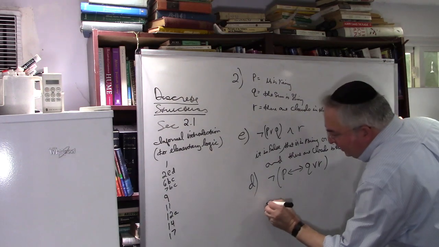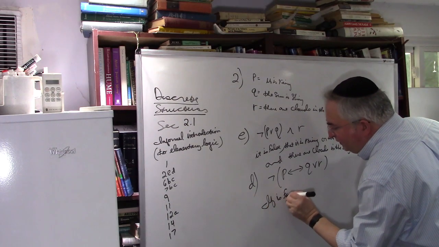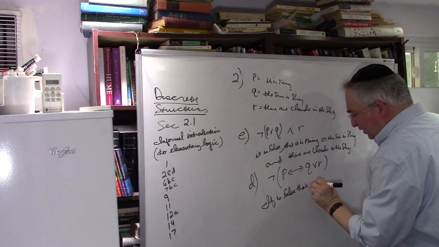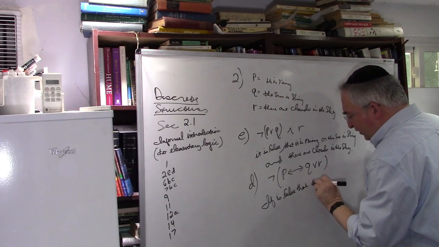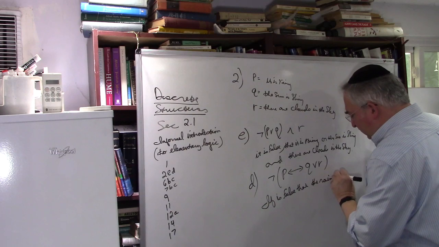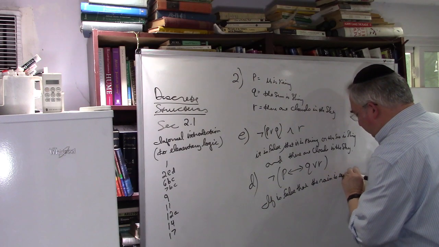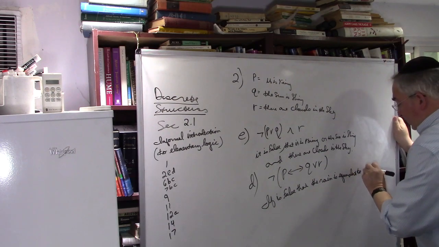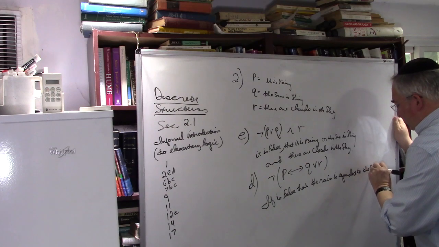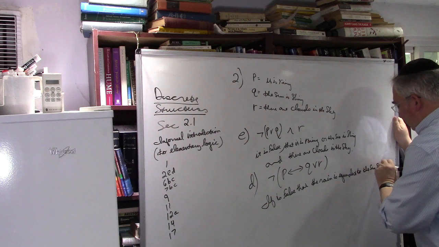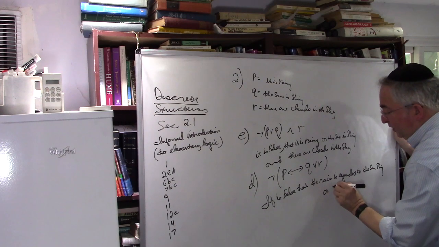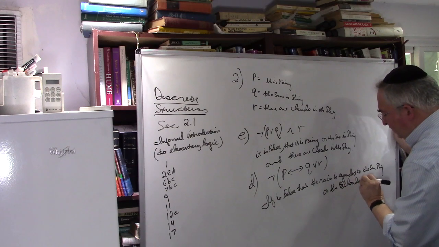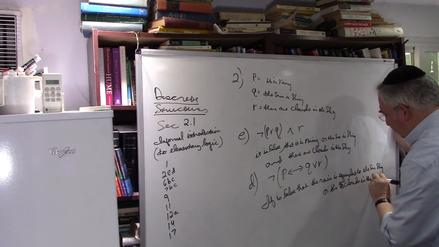So how about this? It is false that the rain is equivalent to the sun shining or the clouds in the sky.